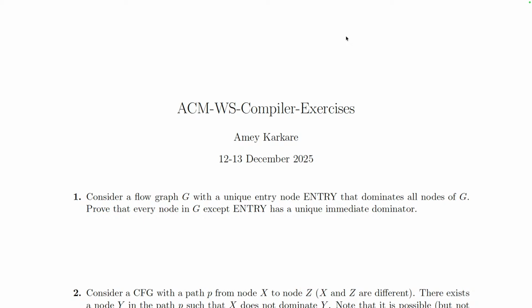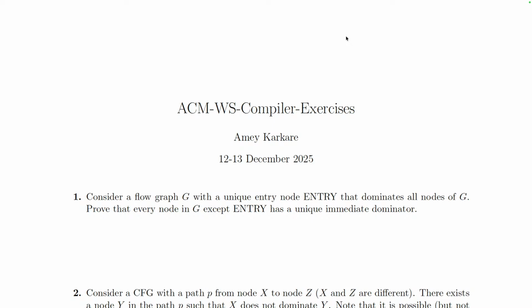You can always say either D1 is greater than D2 or D2 is greater than D1, greater in the sense of the DOM relation. Once you have that, then again this is all mathematics: if you have an order and a finite set, there has to exist a minimum element. That minimum element is your immediate dominator. Whosoever is closest to X on this path and is dominating, you can talk about D1, D2, D3, D4, whosoever is closest to X will be your immediate dominator.